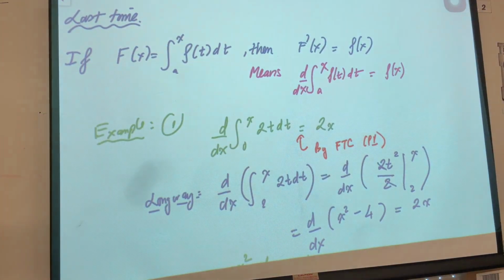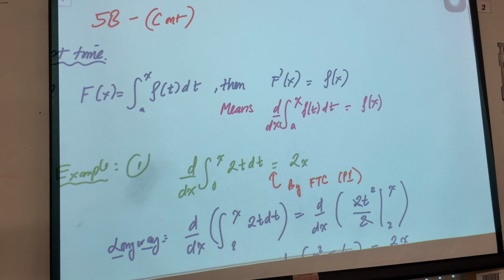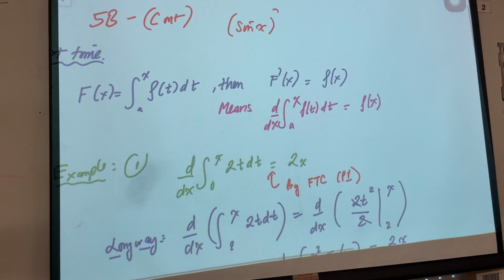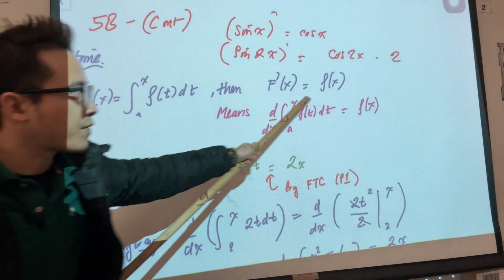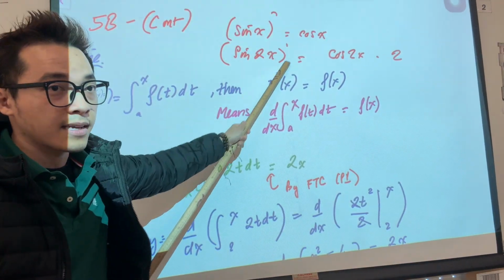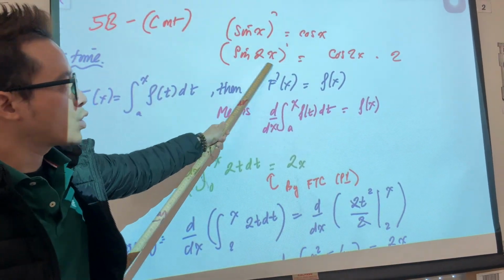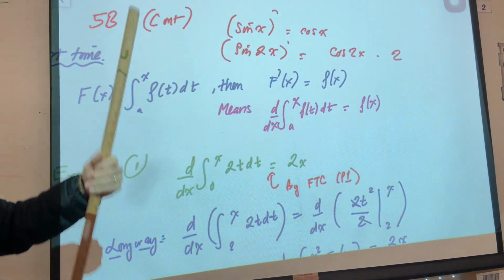Like for example, the derivative of sine x is cosine x, right? But the derivative of sine of 2x is cosine of 2x, but you need to times 2. So when you have the x, that's just straightforward. But when you see something different from x, no matter how simple it is, like 2x, it's still different, then you need to do the chain rule.